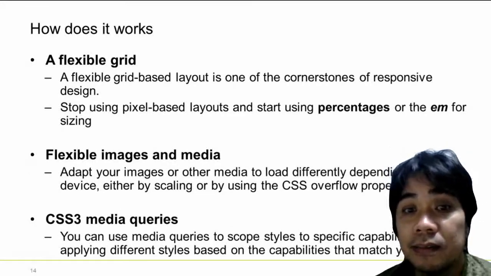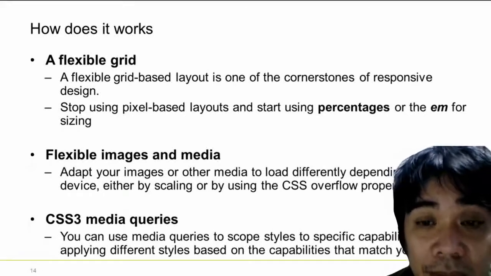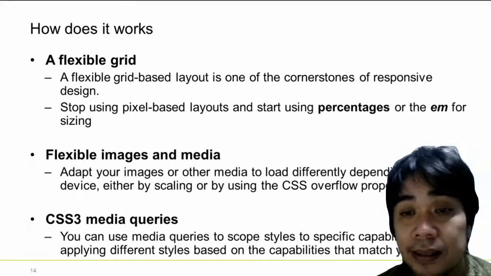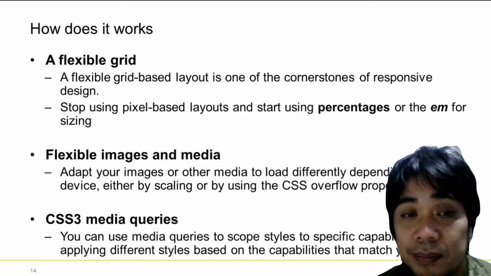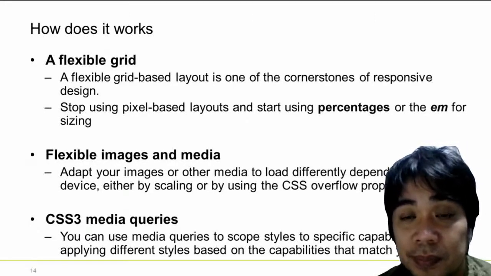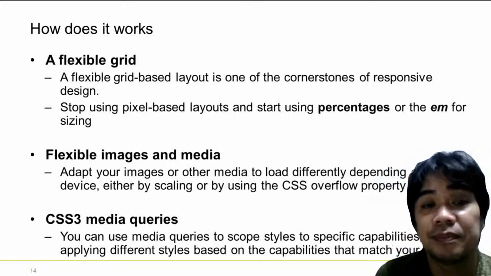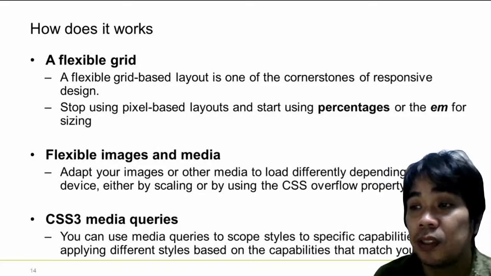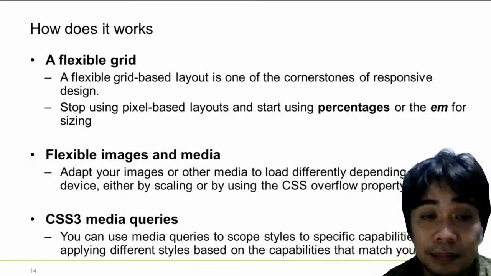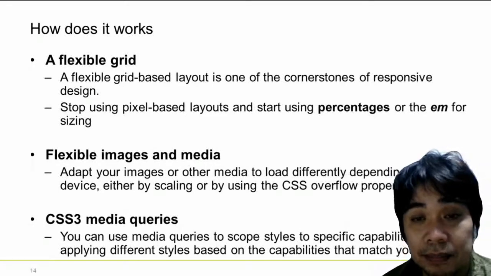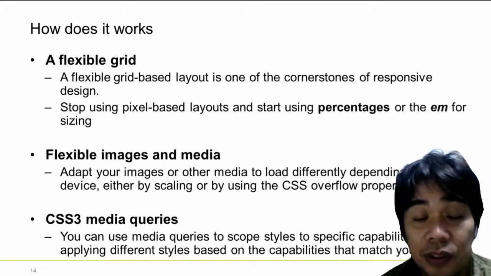So in mobile, you are displaying your pictures at 20% of the height and width of your pictures or images rather. So with flexible images and media, your images can adapt to the different devices that you are using.